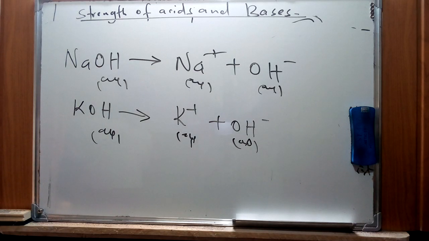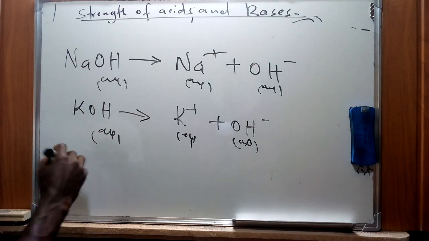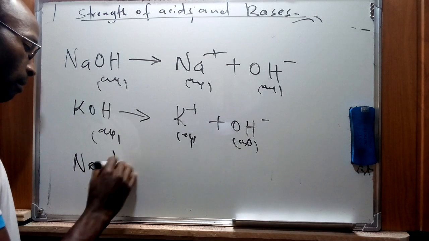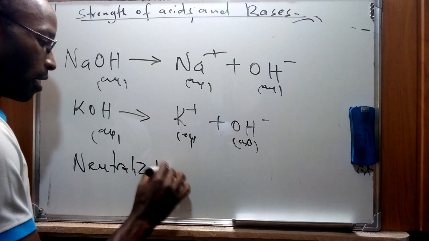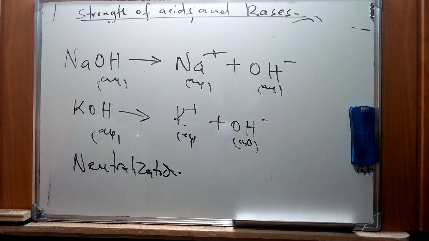And basically for salts, as we said, we talked about the concept of neutralization. In order to measure the strength of an acid or a base, we use substances referred to as indicators, which have different colors in acidic and alkaline solutions.